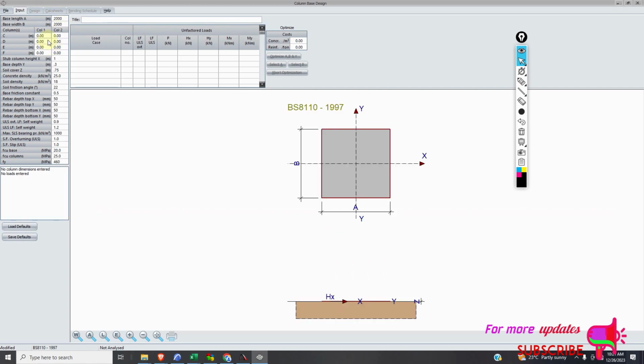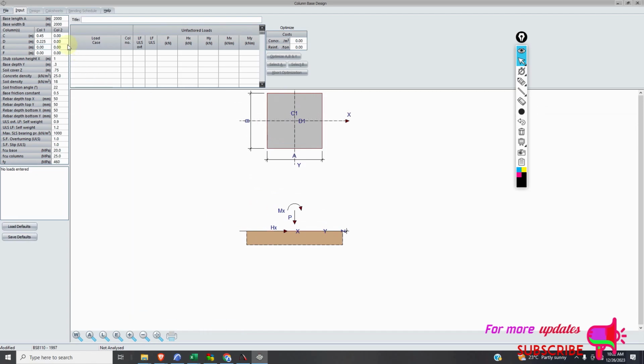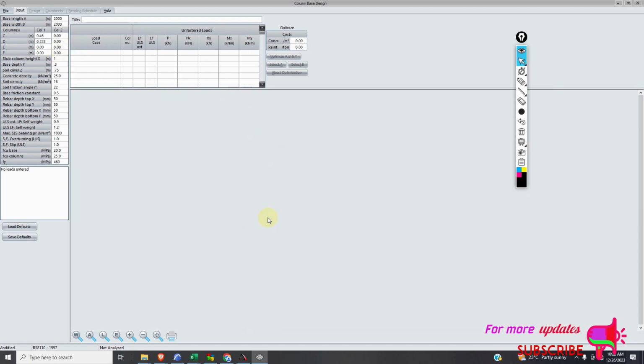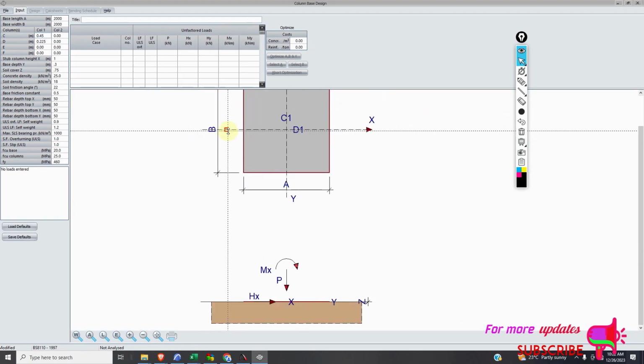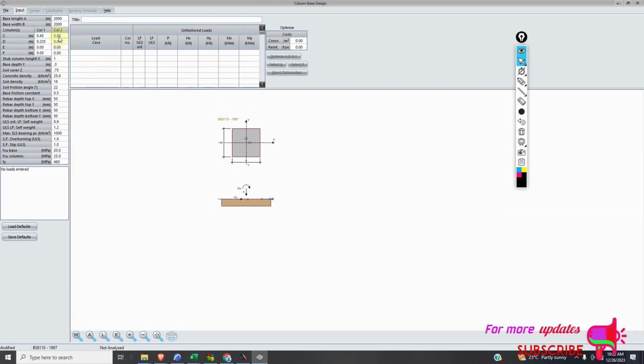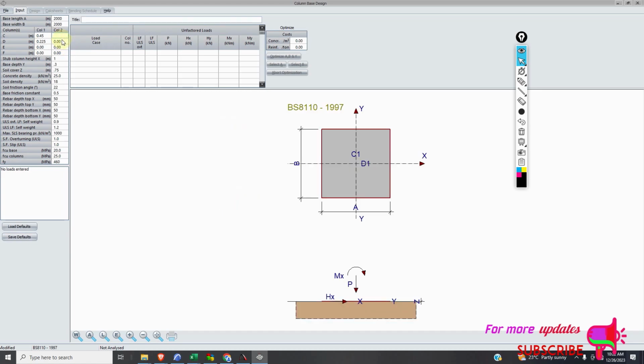Then our column is, let's say, 0.45 by 0.225. Right. So we can use this.